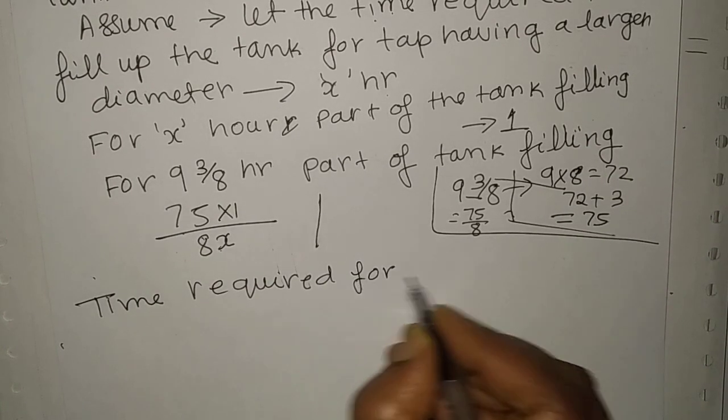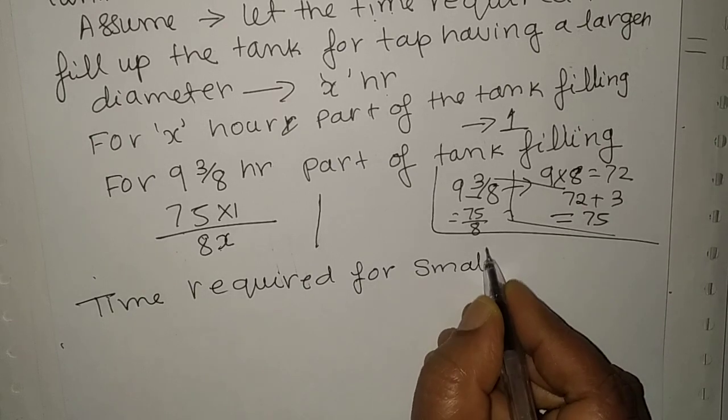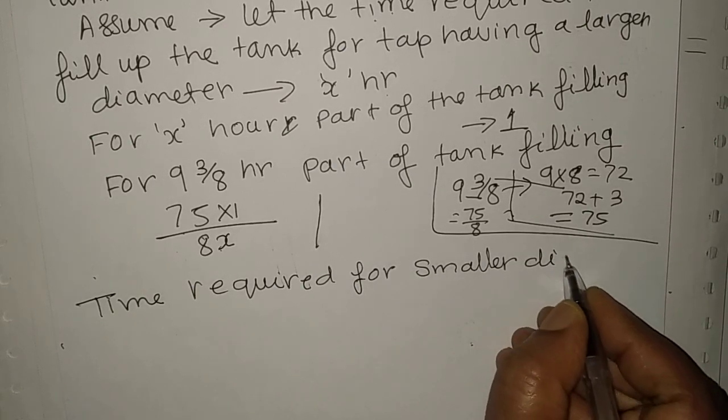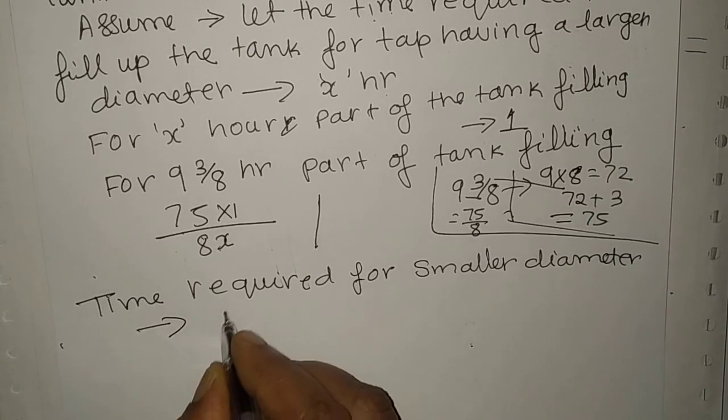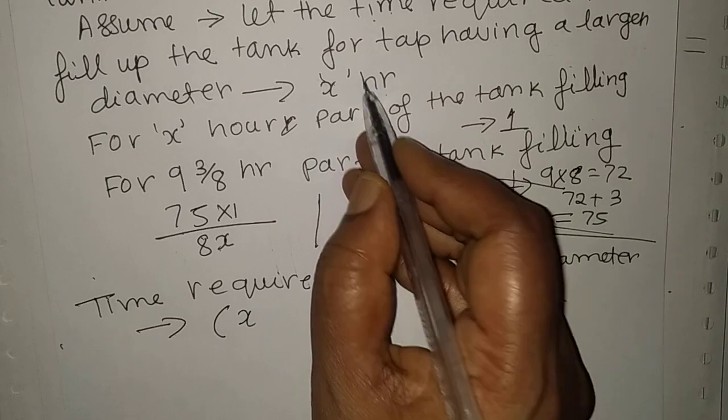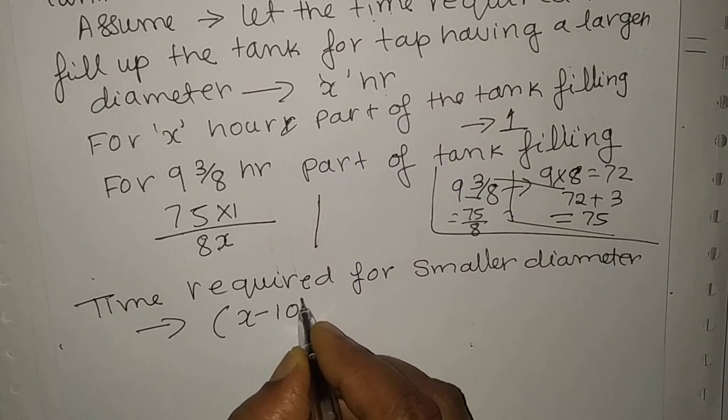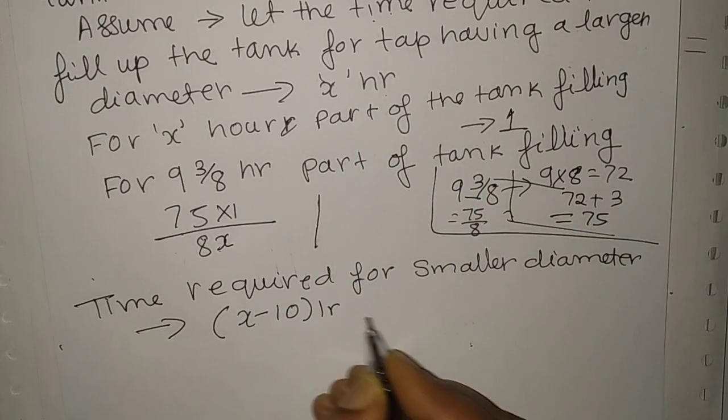For the smaller diameter, the time is x minus 10 hours.